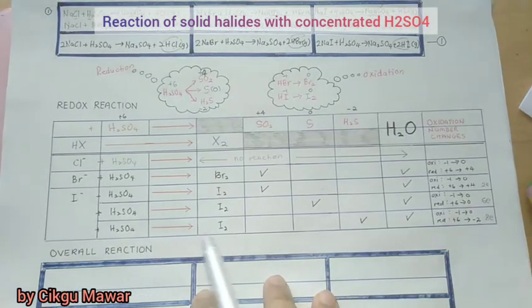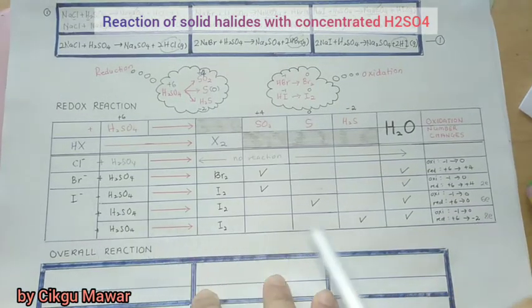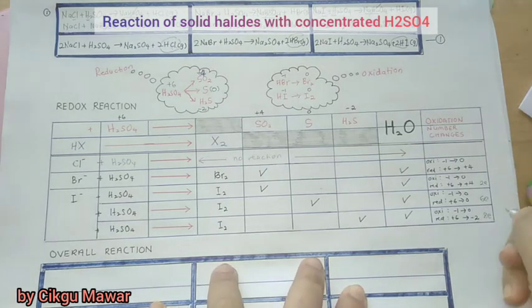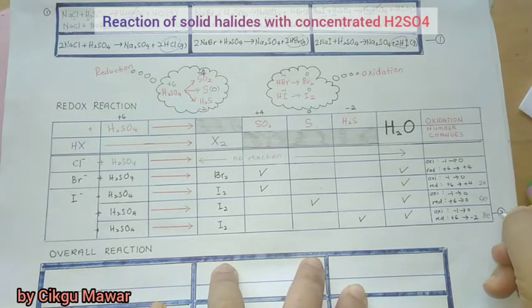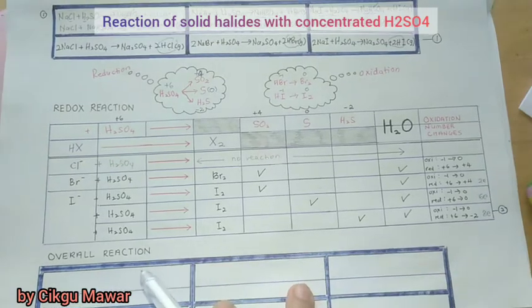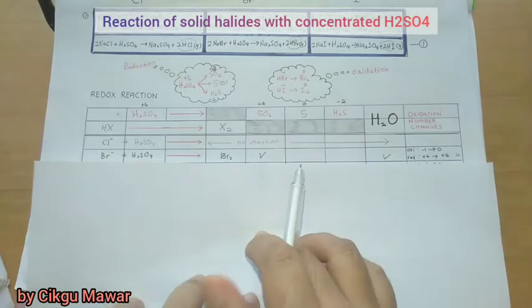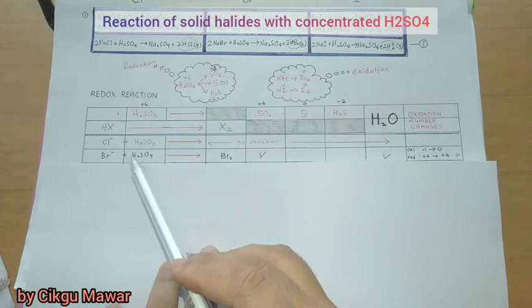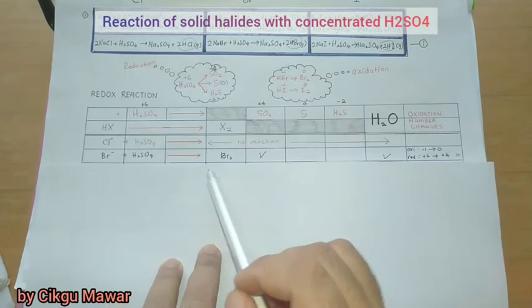So the third reaction of iodine to sulfuric acid will be chosen as the second reduction in order to write the overall reaction. Now let me show you how to write down the redox reaction.